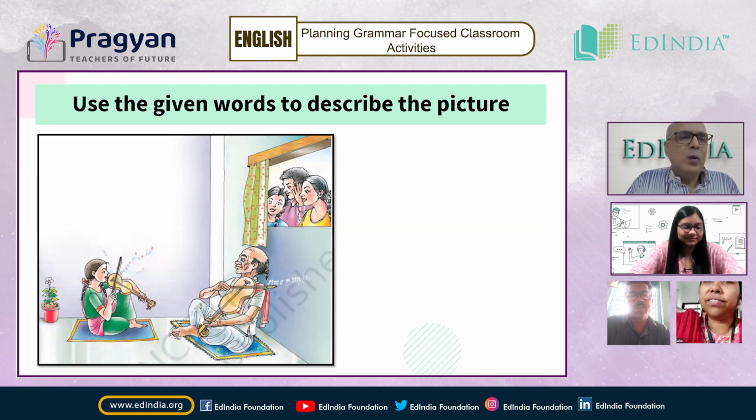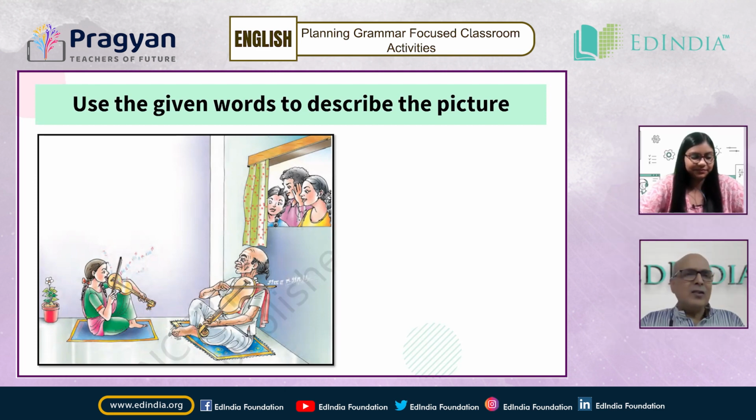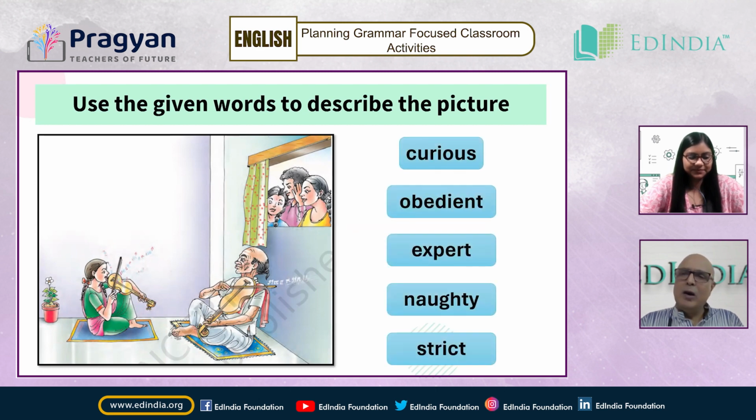Now we will move ahead, and here are some options which will come on your screen. There are some words. These are all words which you can use to describe what is happening in the picture. Words you can easily see: curious, obedient, expert, naughty, strict.